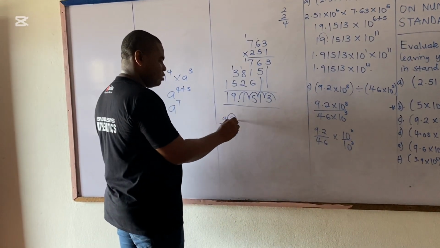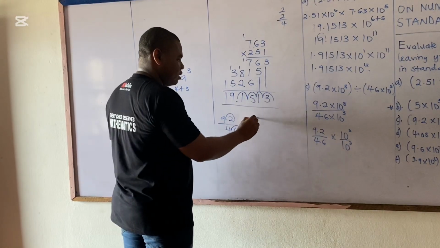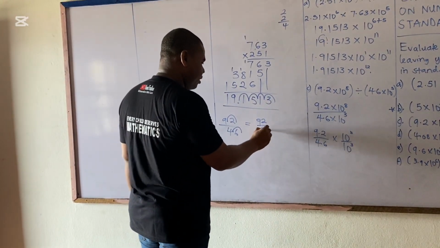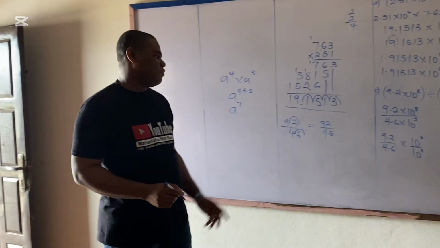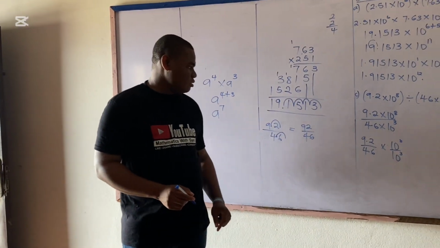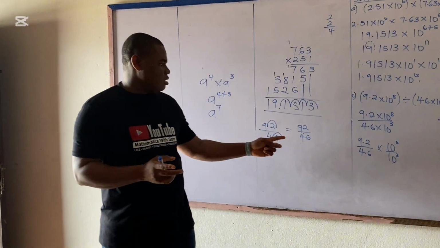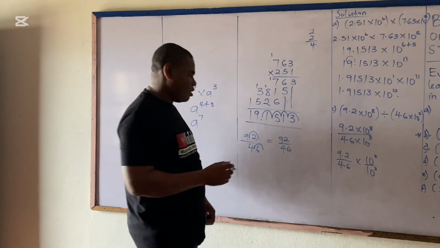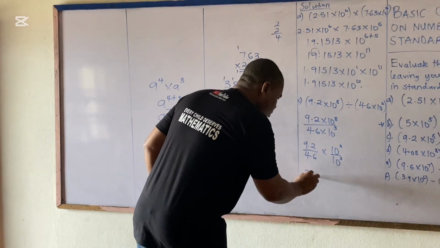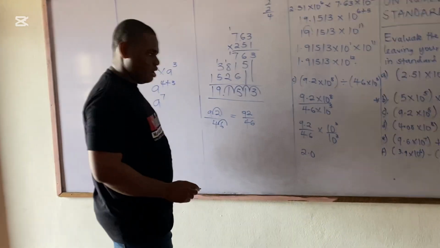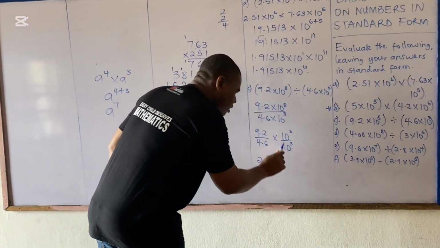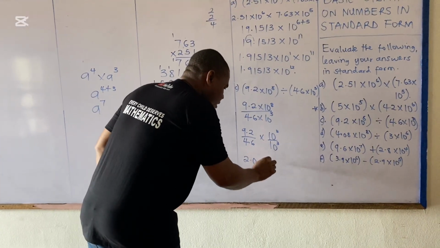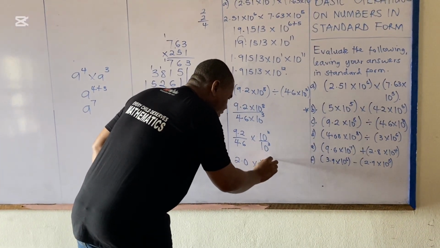So we have 9.2 divided by 4.6. They are both made whole numbers now: 92 divided by 46. Alright, so 46 goes into 92 two times because double of 46 gives us 92. So this will give me 2.0 times 10 raised to the power of 8.